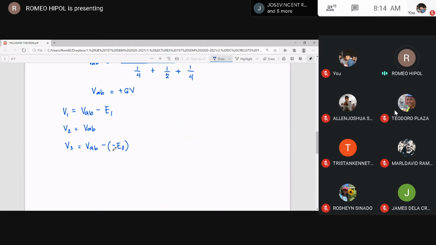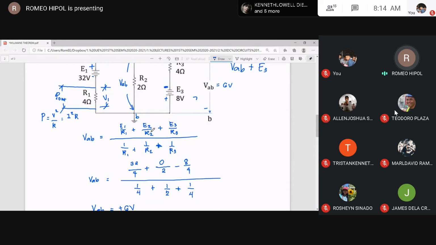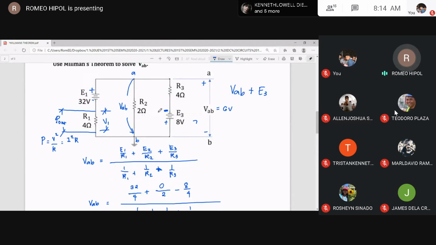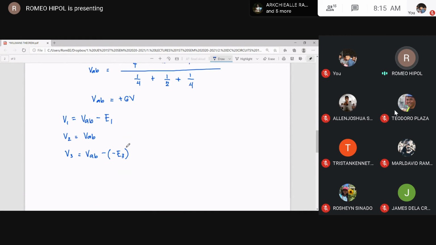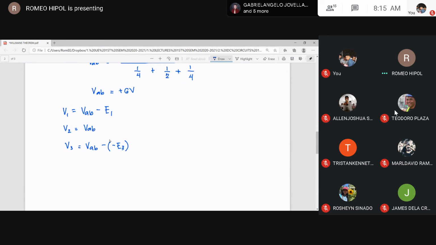Then take note of a negative or opposite polarity of our supply voltage at the end terminals. Because this is negative, positive, so this will just be our reference.